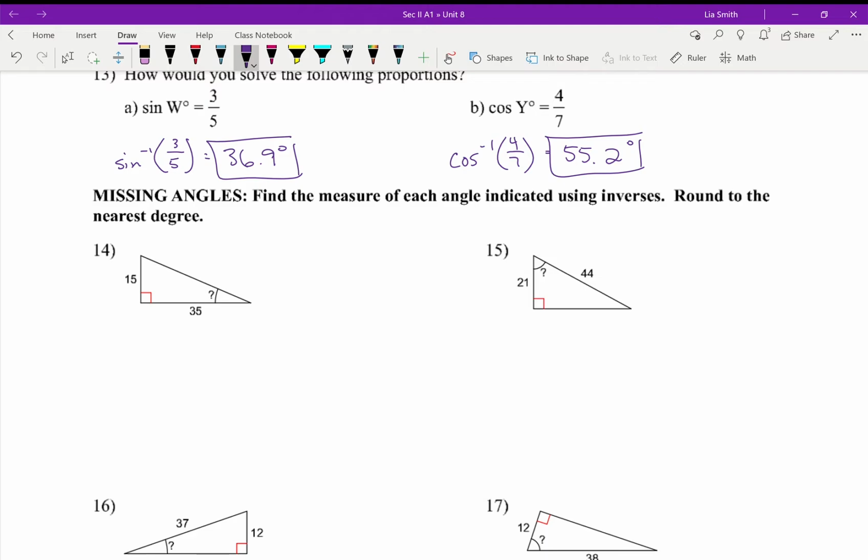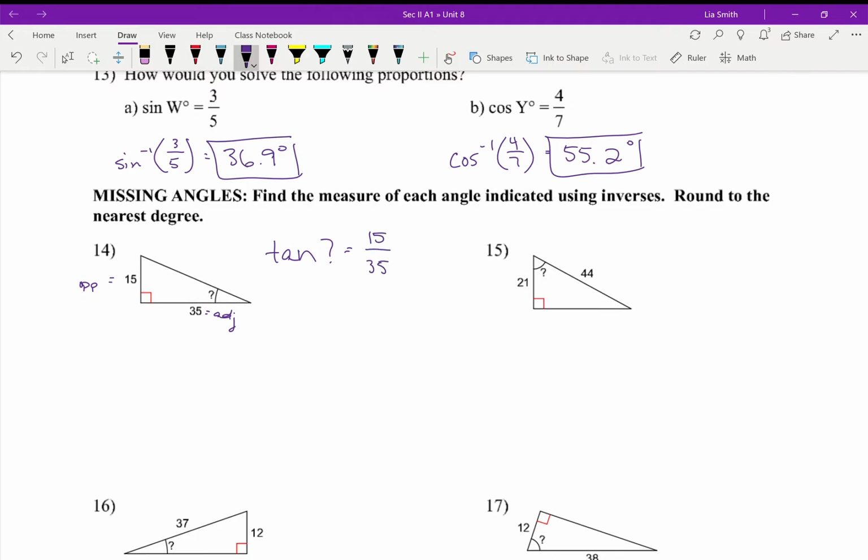So if I'm trying to find question mark, this side would be the opposite of question mark, and this side would be the adjacent of question mark. So the trig function that uses both opposite and adjacent would be tangent. So tangent of question mark would equal 15 over 35.